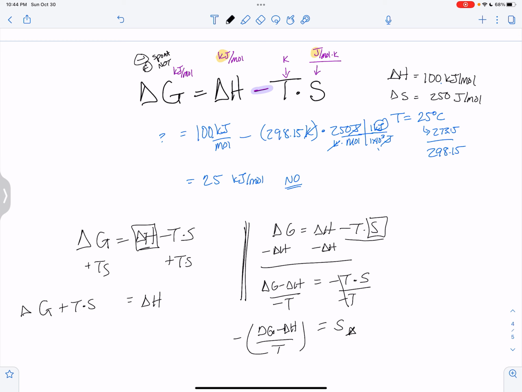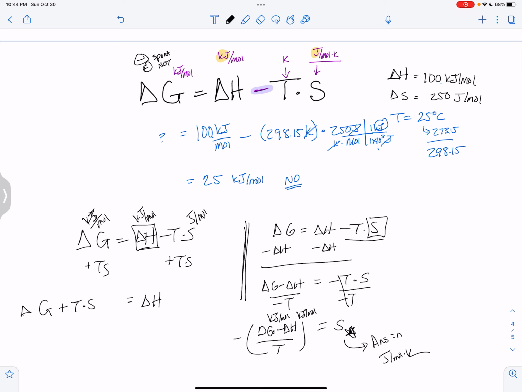Be very careful on this one, making sure that you realize that that's kilojoules per mole. This is kilojoules per mole, and so you are going to get an answer as kilojoules per mole, and usually these problems will say answer in joules per mole Kelvin. And then again, be careful on this side, because that's a kilojoule per mole. This is a kilojoule per mole. And this one is going to be a joule per mole, right?